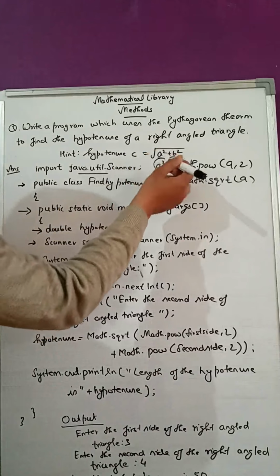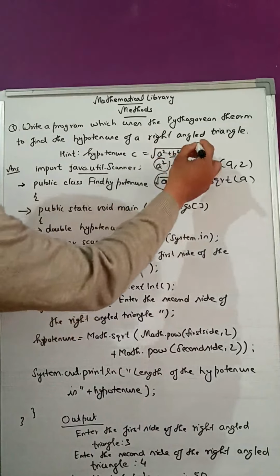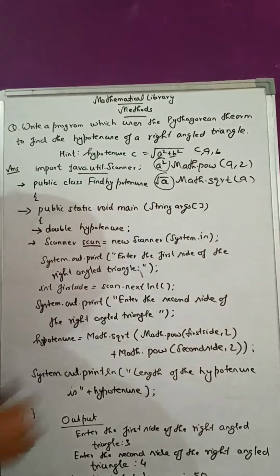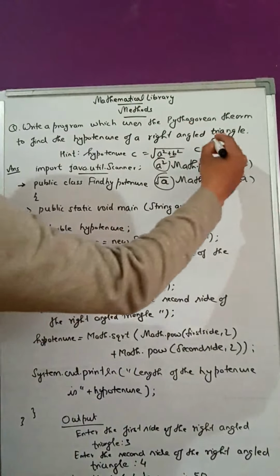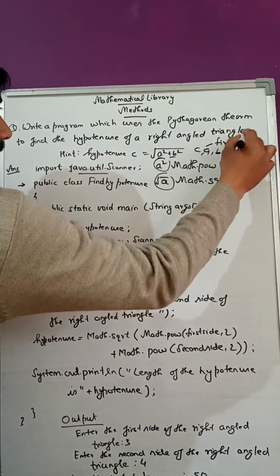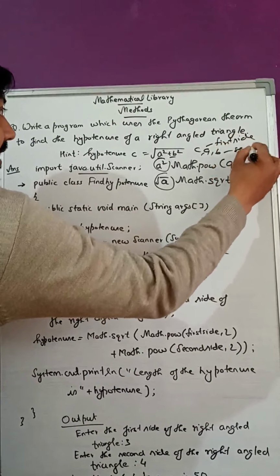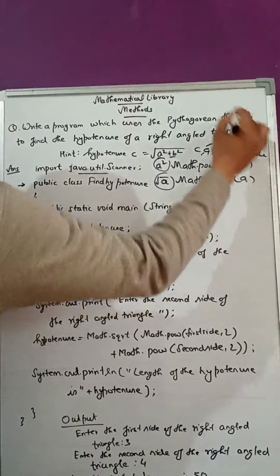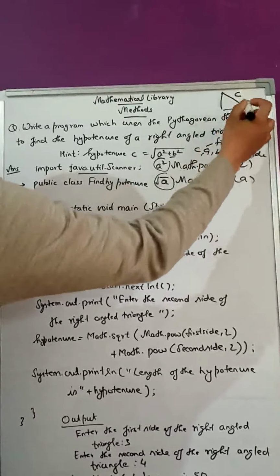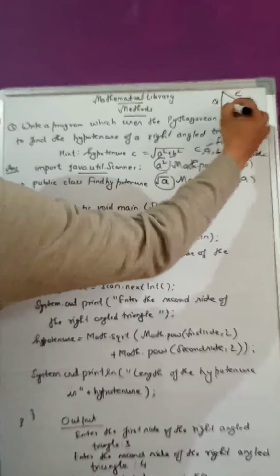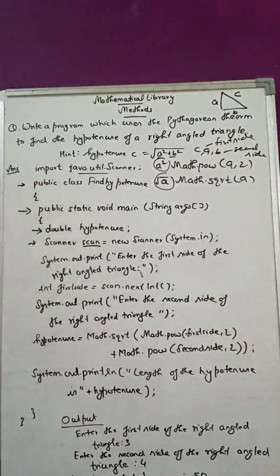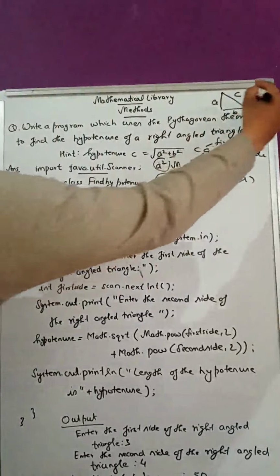See, these three are sides, C, A and B. Over here in this program we are considering A as the first side and B as the second side of the right angle triangle. So this is the right angle triangle where C is the hypotenuse, and A is this and base is this, right? We need to calculate the value for C.